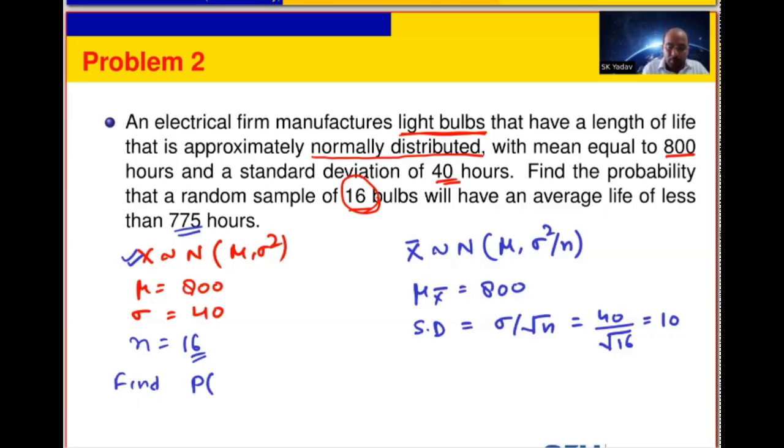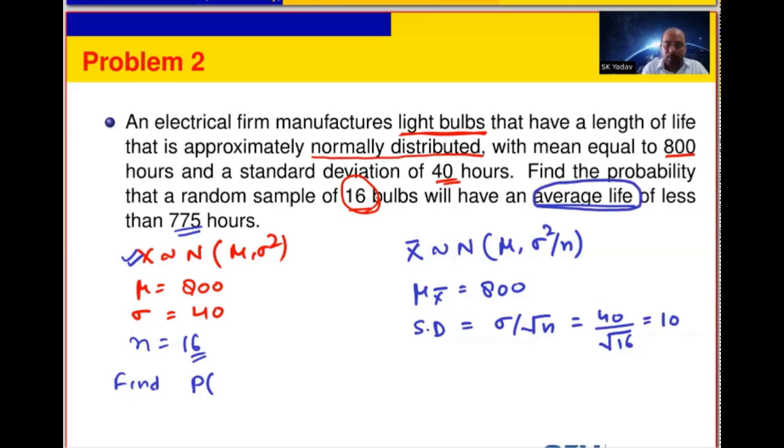So we have to compute the average life, not the life of a bulb. If it were the life of a bulb, this problem would reduce to the normal distribution problem. Perhaps we have covered that in our previous video lecture, which was based on the normal distribution. So here it is asking for average life.